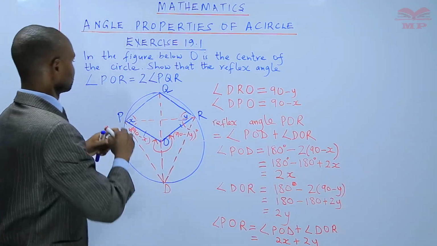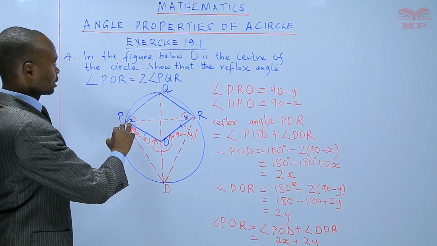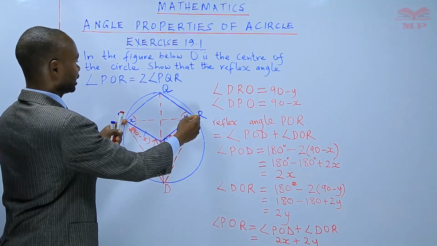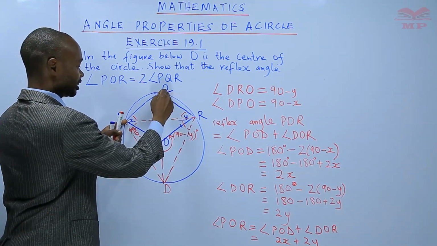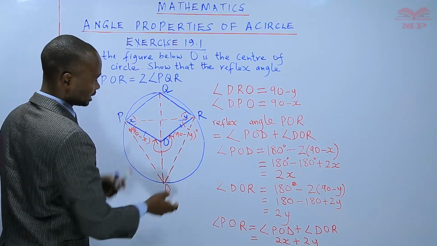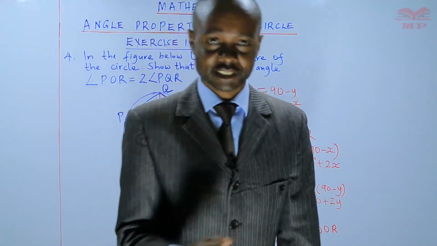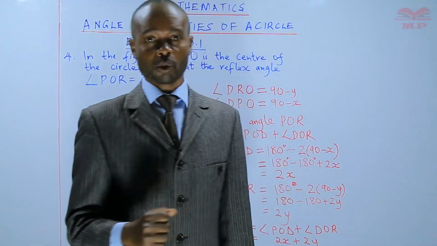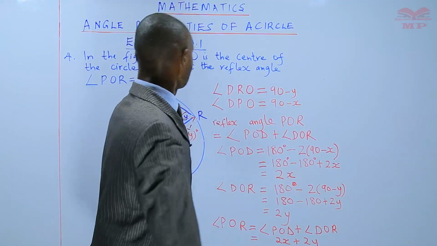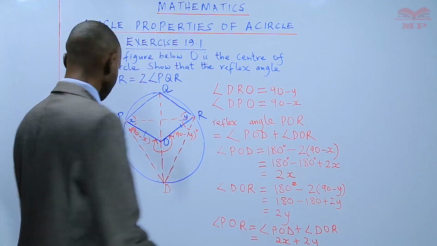Therefore, from that chord, we get a concept that the angle subtended by that chord in the minor segment added to the angle subtended by that chord in the major segment, they should give you 180 degrees. So we should go straight to finding the value of PQR.